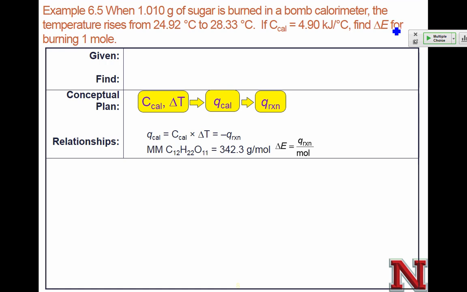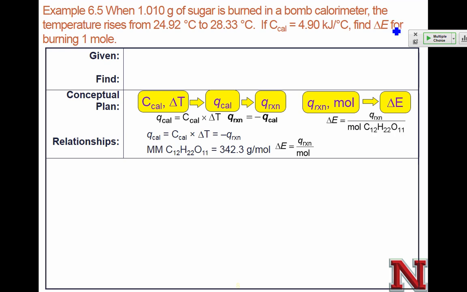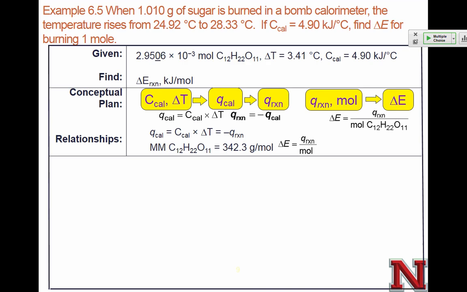So we'll calculate our Q calorimeter, and then we'll know our Q reaction, because these are going to be equal and opposite, and we already know the sign that this is going to be based on our initial temperature and final temperature. Then we can figure out our delta E per mole by just dividing our delta E by the amount of moles that we have, and if we have our molar mass, we can calculate that very easily.